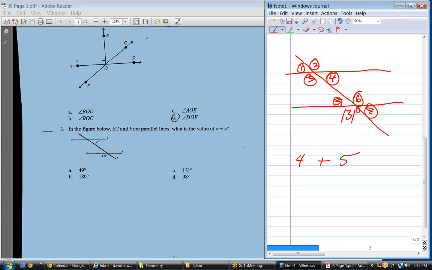If they're both acute, then they are the same. In other words, you cannot have two acute angles that are different in this picture, nor can you have two obtuse angles that are different. The obtuse angles are equal to 131 and the acute angles are equal to 49. So 4 is the same as 5. Y is the same as x.